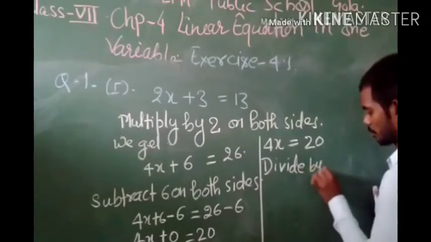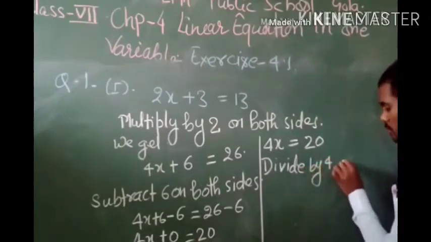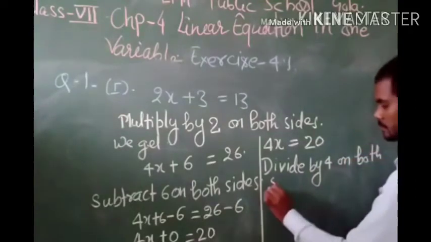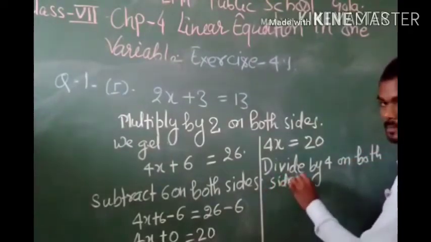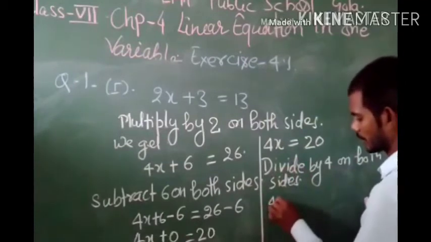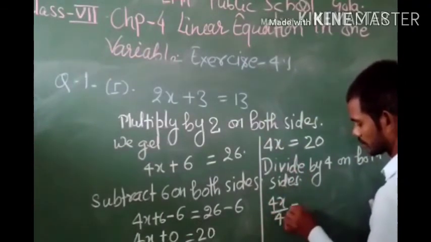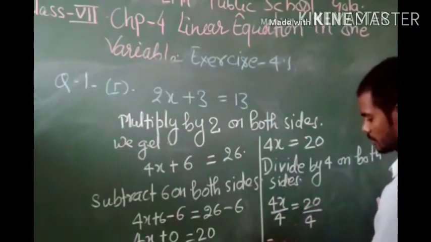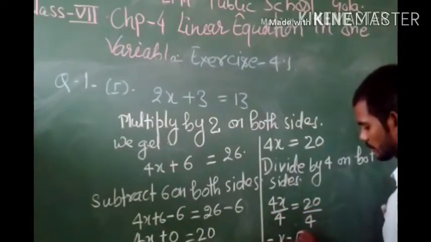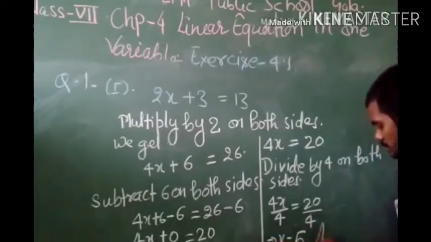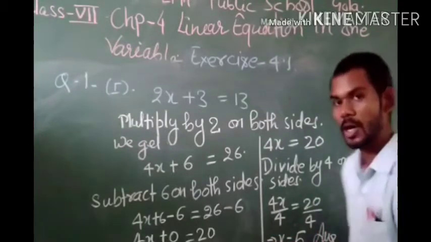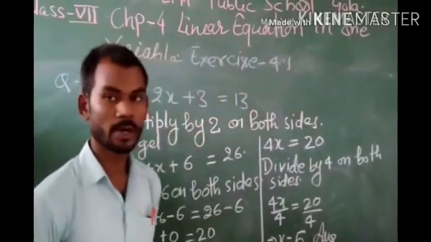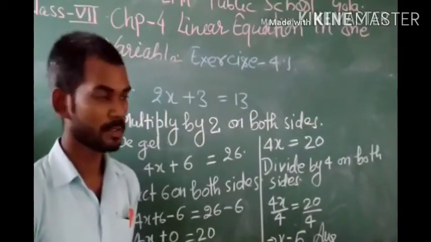We have 4x upon 4 is equal to 20 upon 4. This is x is equal to 5, which is the required solution of the given problem. I hope you understand everything very much.